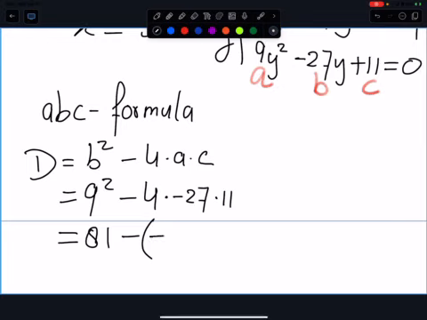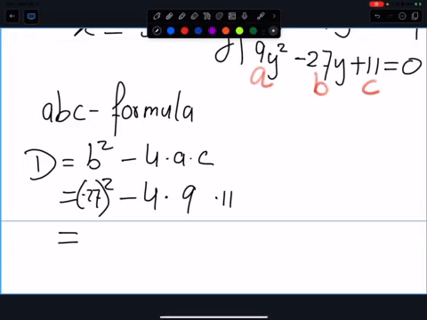Oh, sorry. Wow. Thank you. I'm getting old. B is minus negative 27. Negative 27. This is 8. This has to be 9. So 27 squared equals 729. 729 subtract 99 times 4, 396.